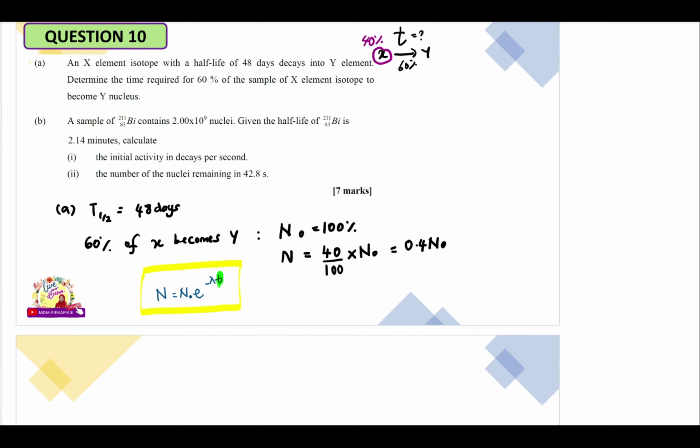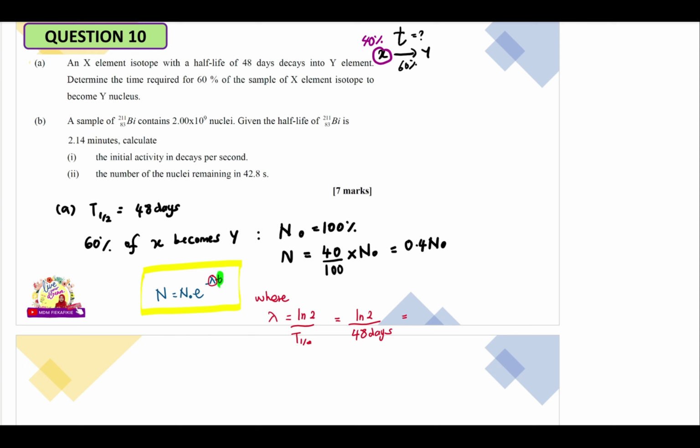Okay, lagi satu, jangan lupa untuk kira lambda. Decay constant lambda, where lambda is equal to ln 2 over half-life. Half-life tadi soalan dah bagi 48 days. Saya tak tukar kepada seconds. So bila you tak tukar, pastikan bila you kira, unit dia mesti dalam unit day, per day.